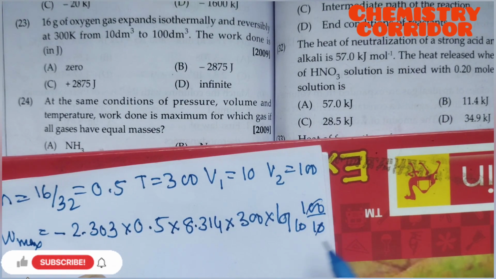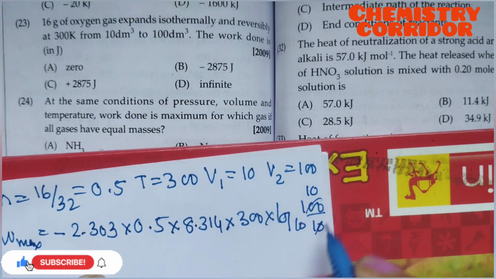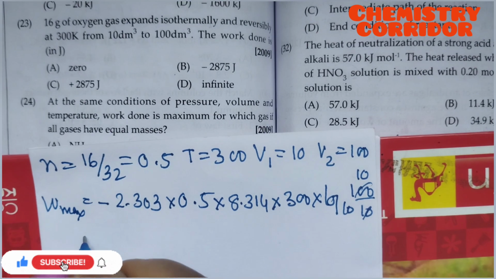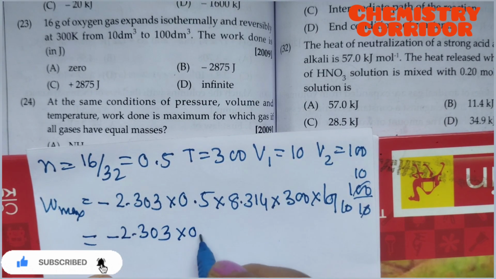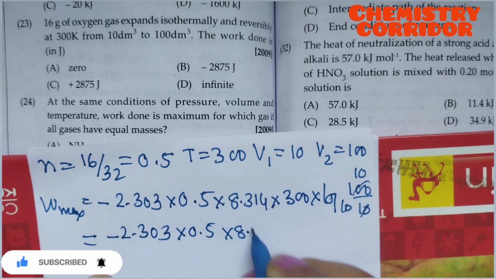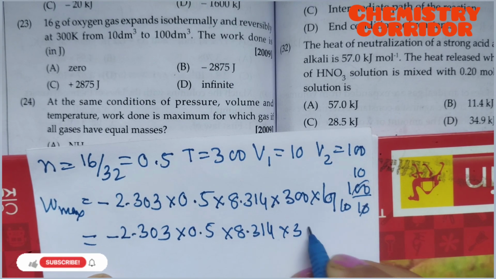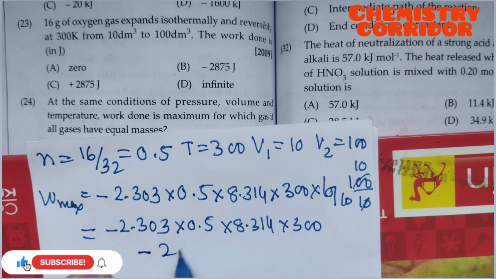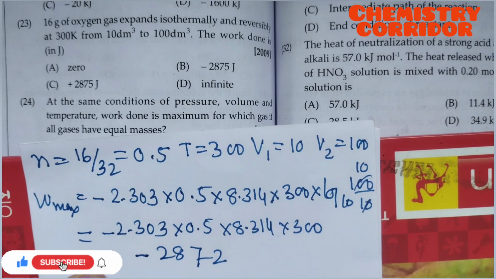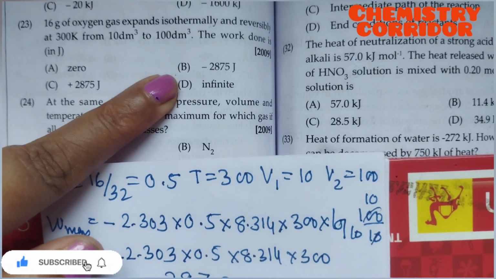If I cancel this, I will get log 10. Log 10 is 1. So let us do this: minus 2.303 multiplied by 0.5 multiplied by 8.314 into 300. If you solve this, the answer is minus 2872. So the answer here is nearly the second option.